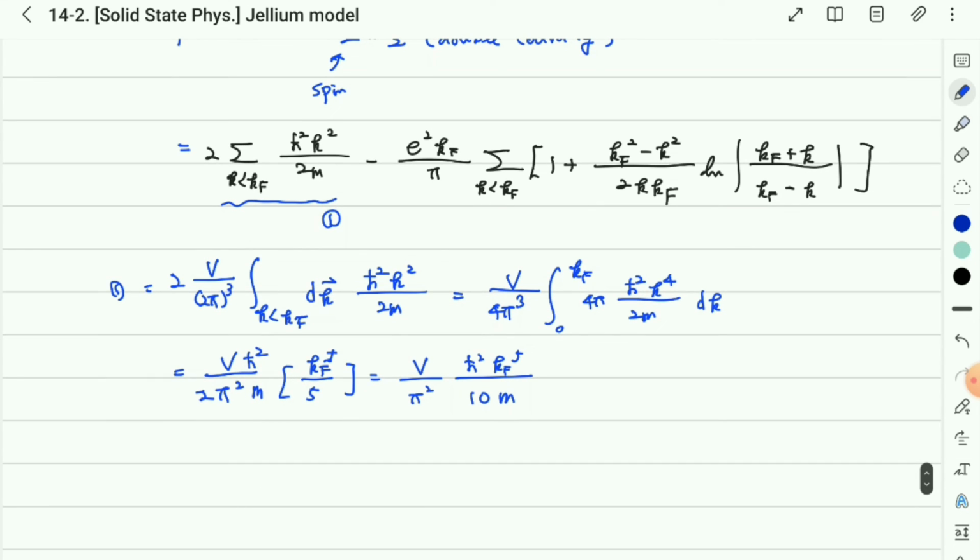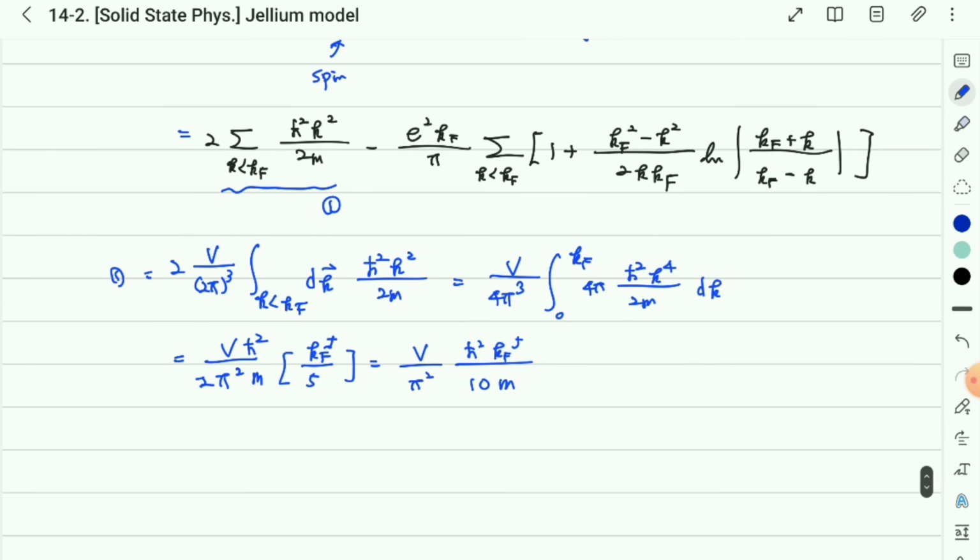Yeah, then, the volume of the Fermi sphere is 4 over 3 pi kf cube, and in this volume, the quantum unit cell is (2 pi)^3 over V, then this gives the total number of electrons, which is kf cube V over 6 pi square.